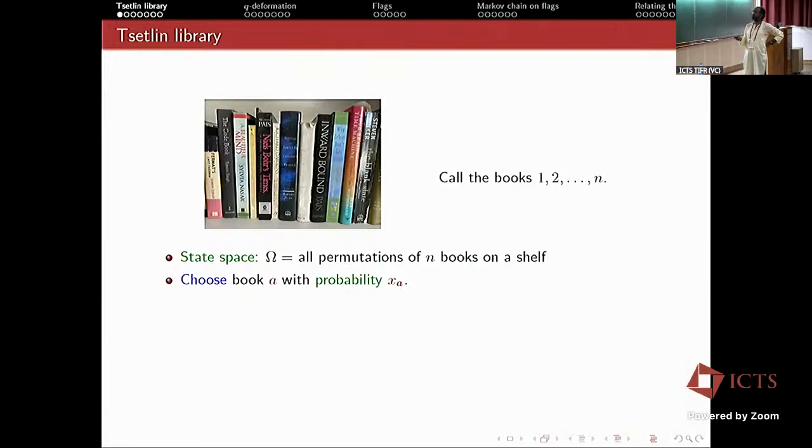And so you choose book A with some probability x sub A. For us, we will take these as formal variables, which sum to 1, x1 plus up to xn sums to 1. And then you pick the book A from wherever it was, and you return it to the front. So you randomly pick up a book, you read it, and you return it.